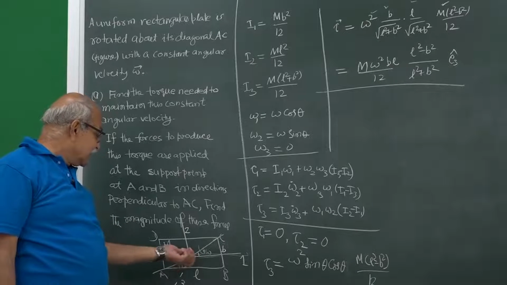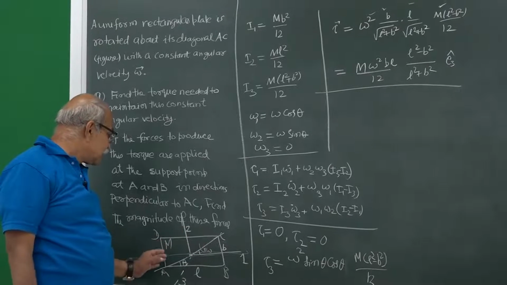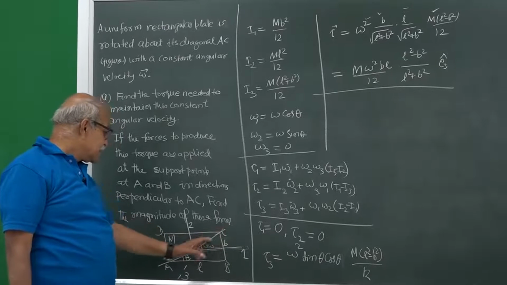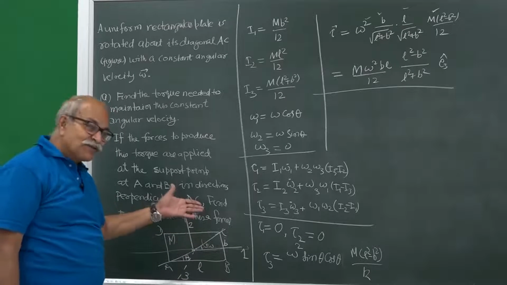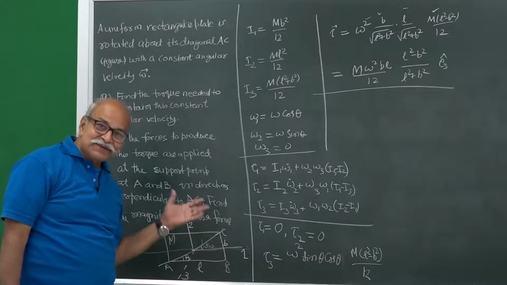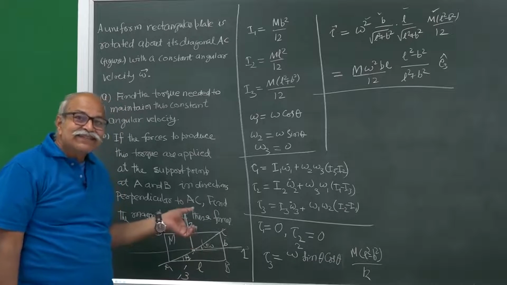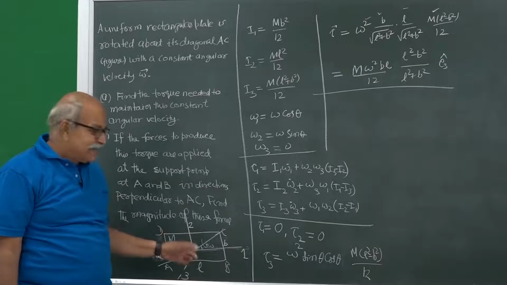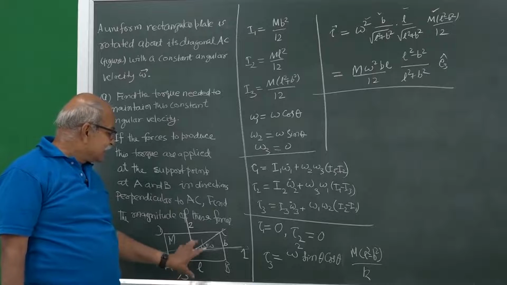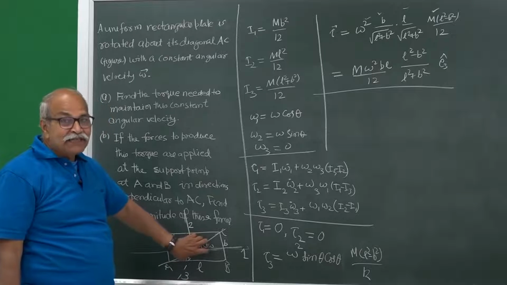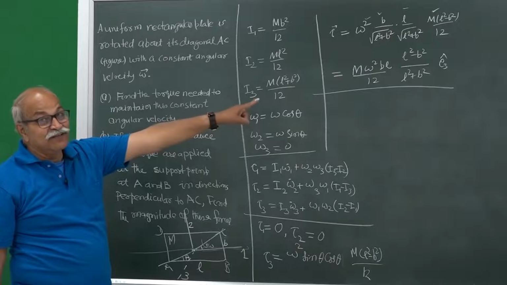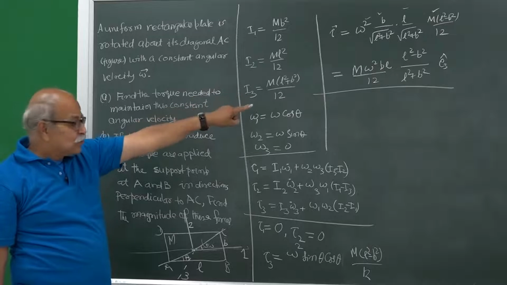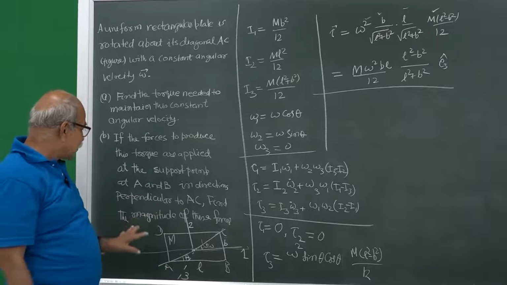Remember that the E3 direction is perpendicular to the plane of the plate, and the plate is rotating about this diagonal. So, the plate is rotating, and the normal perpendicular E3 is also rotating. E1, E2, everything is rotating. These are body fixed principal axes. So, your torque is not constant, the torque is changing, and you have to apply proper forces.